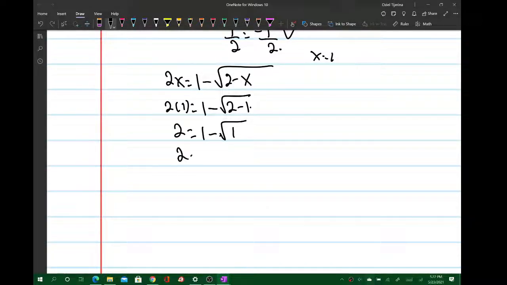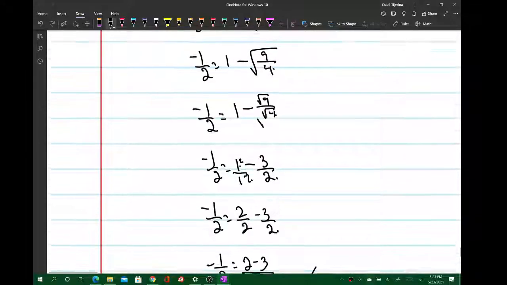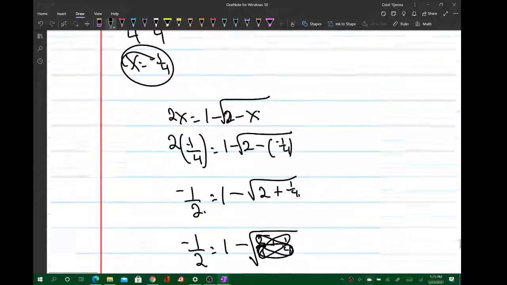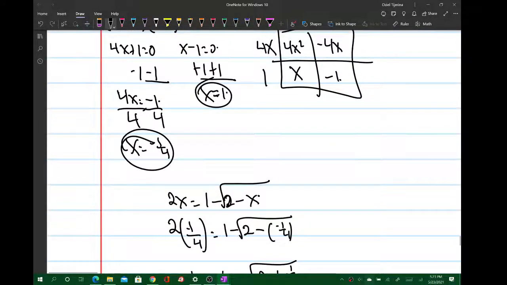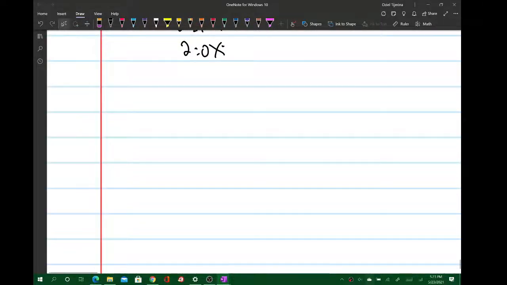So you have 2 equals 1 minus 1. 2 equals 0, which is a false statement. So therefore, x equals 1 is the extraneous solution. So x equals 1 will not work. So therefore, the only solution to this radical equation is x equals negative 1/4.